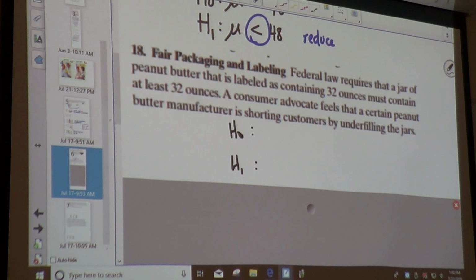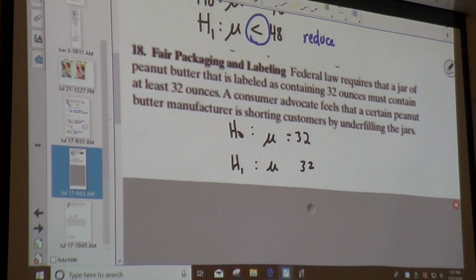A consumer advocate feels that a certain peanut butter manufacturer is shorting customers by underfilling the jars. So what should our H naught be? Equal 32. What equals 32? The mean. Okay. What should our second one be? We know it's mean and 32. Less than.